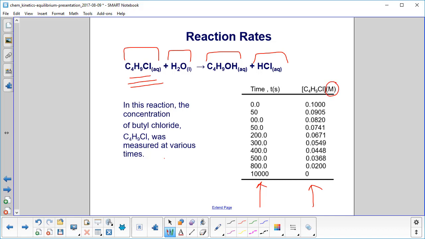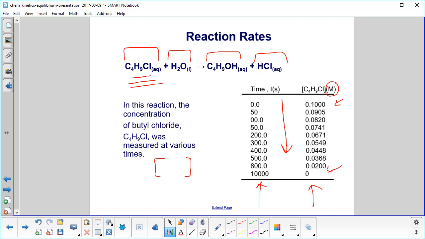And what do you notice about the C4H9Cl, butyl chloride? There are brackets around it. That just means its concentration. And what do you see here as you go down in time? You start with 0.1000, capital M, molarity, and you go down to where there's none left.